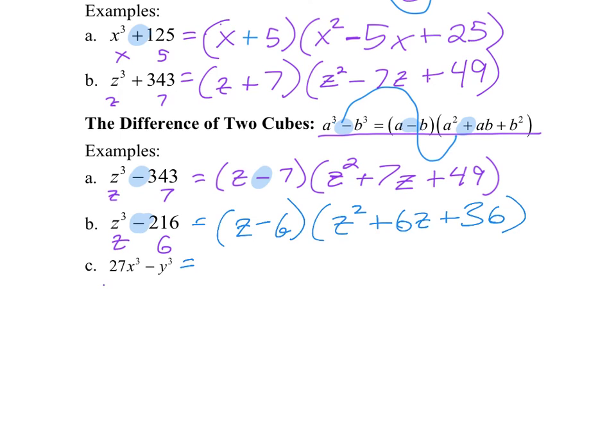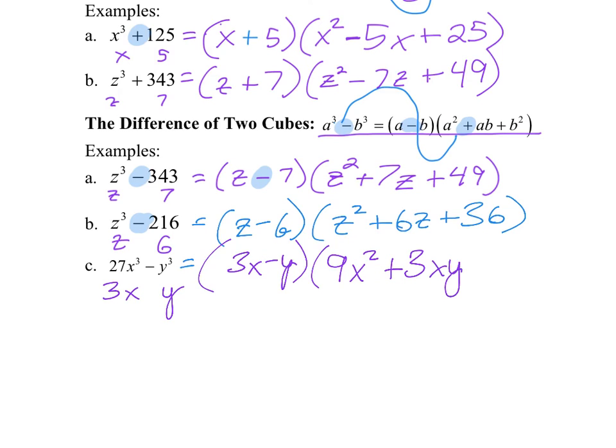All right, so we have 3x and y. So 3x minus y, and then 9x squared plus, this all multiplied is 3xy, plus y squared. And that would be factored.